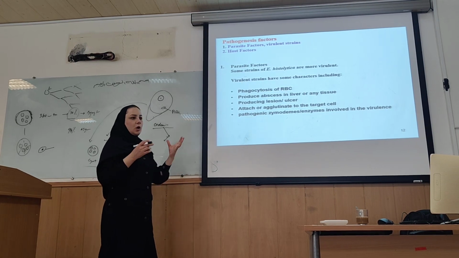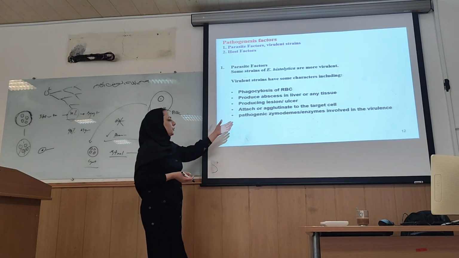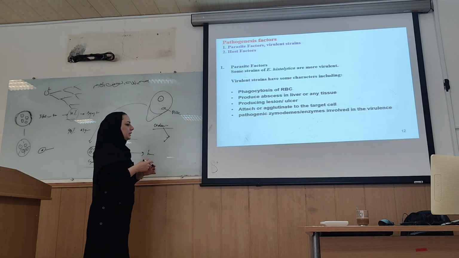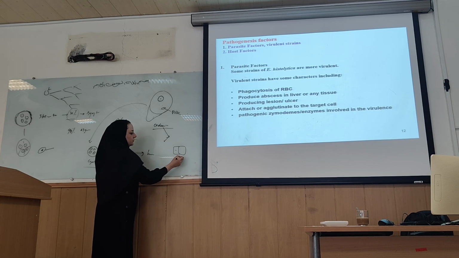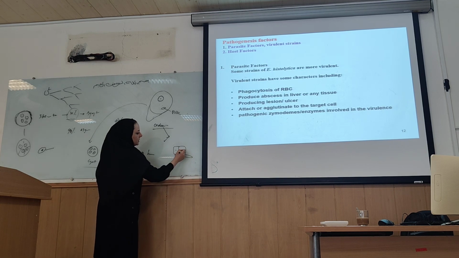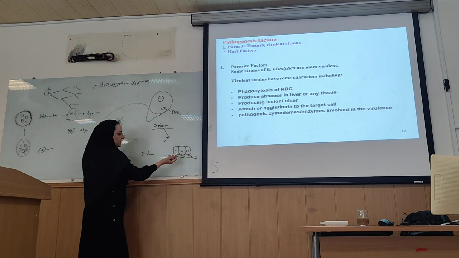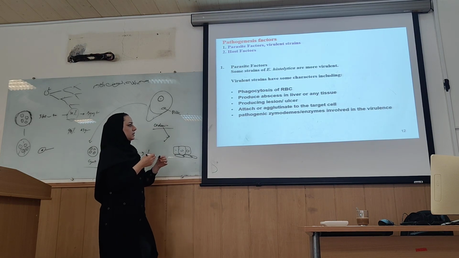They can produce abscesses in the liver or in tissue. They produce lesions or ulcers. They can simply attach to the epithelial cell, and after that produce the disease or lesion. They can phagocytose our RBCs and epithelial cells.